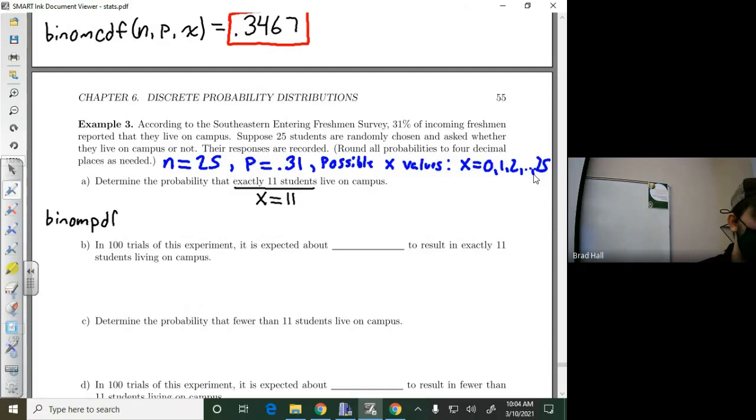Remember, CDF was for the inequality. This one's just for equality. And so they want n, which is 25. They want the probability, which is 0.31. And they want the x value, which is 11. Put that in your calculator, and it gives you the answer for free.